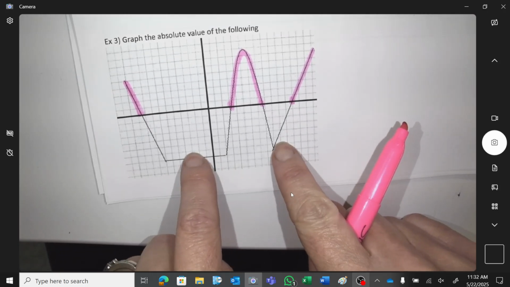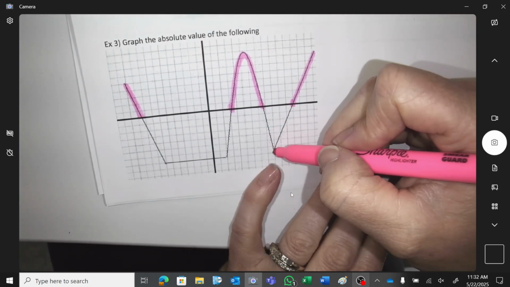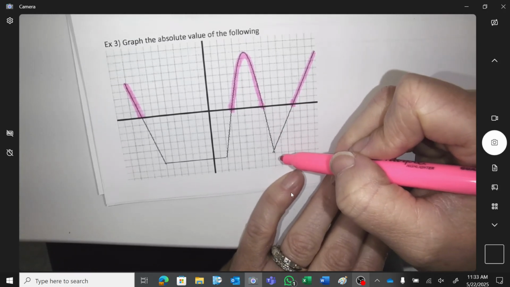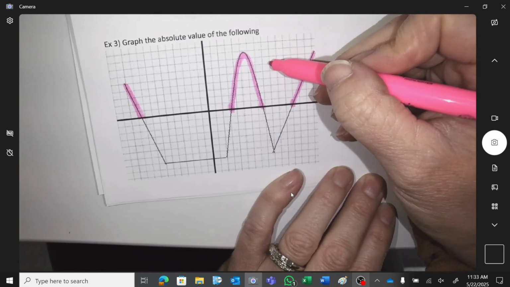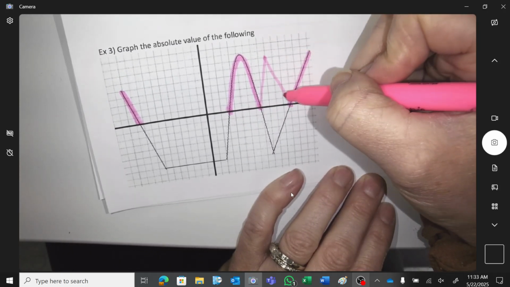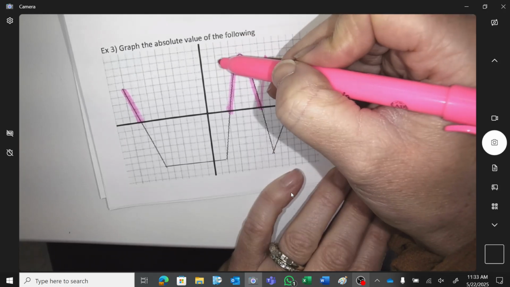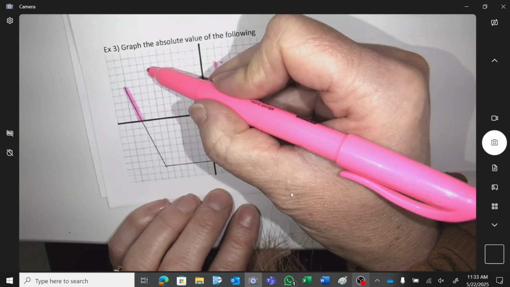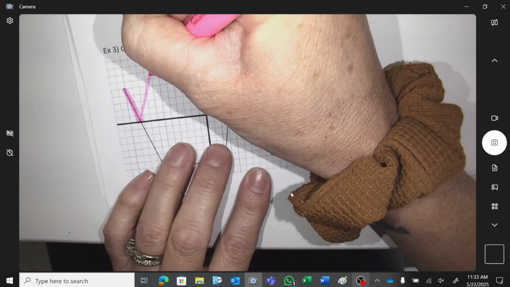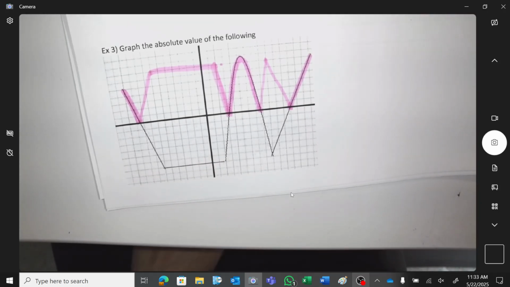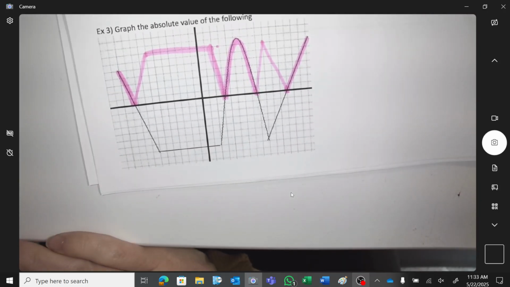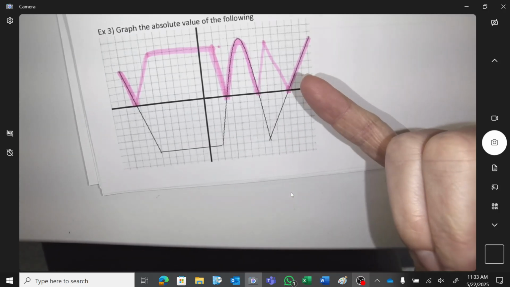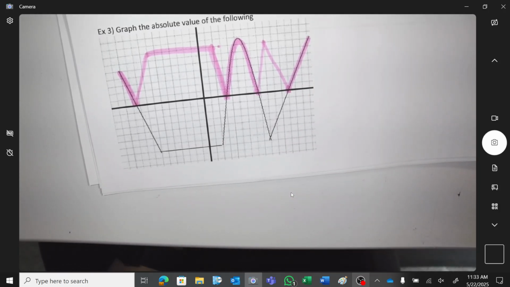So the negative parts have to turn into positive parts. What am I at? 1, 2, 3, 4, 5, 6. I'm 6 down. Okay, and that is my final graph. I've showed you which parts could stay and which parts changed.